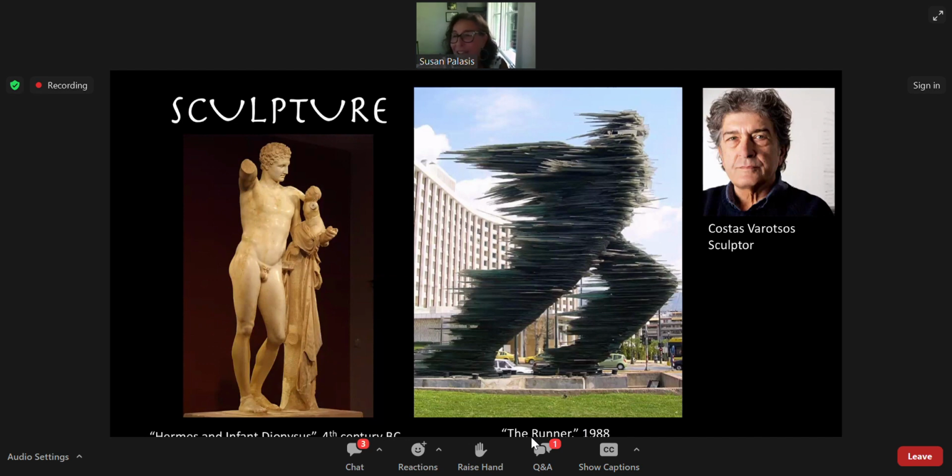So now I'm going to fast forward to recent day, the famous sculptor Costas Varotsos. He has many sculptures in urban spaces around the world, including the United States. And this sculpture, which is called The Runner, he created in 1988, and it is in Athens, so you might be driving by it. It's made by thousands of pieces of glass that were stacked on top of each other to create this blurred shape of a runner.